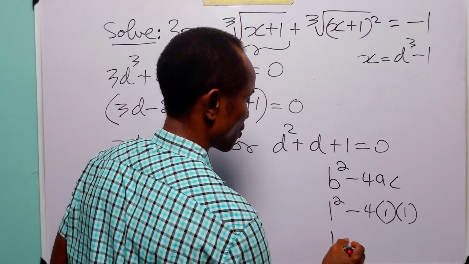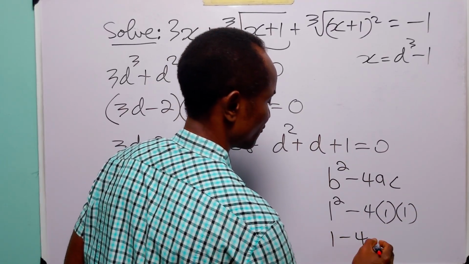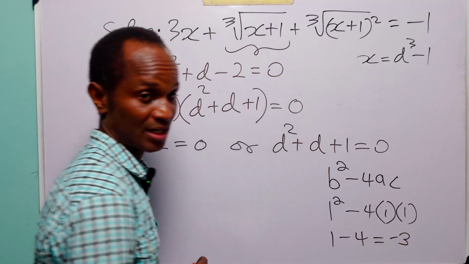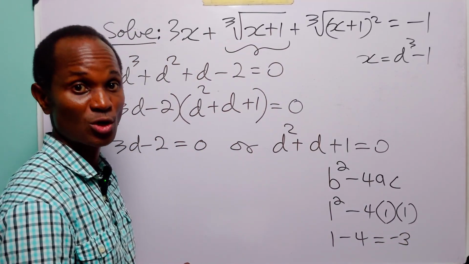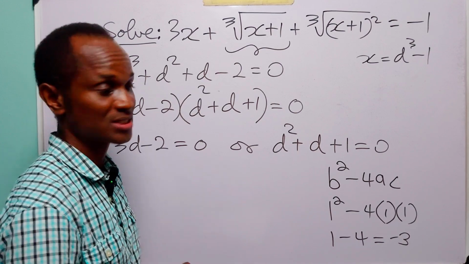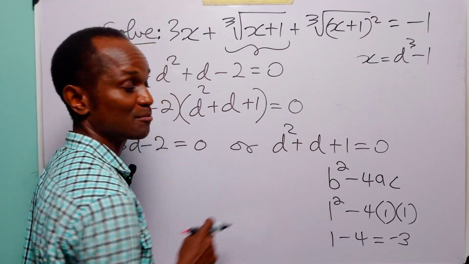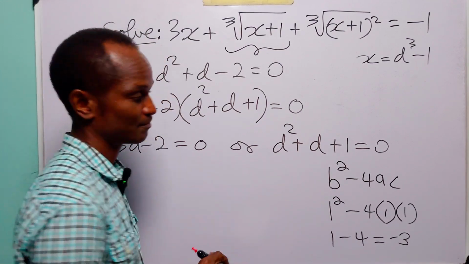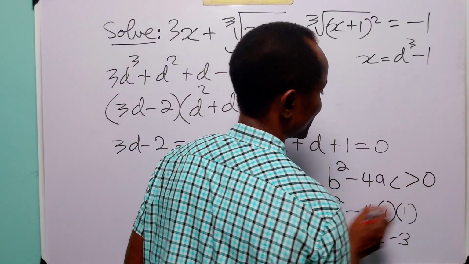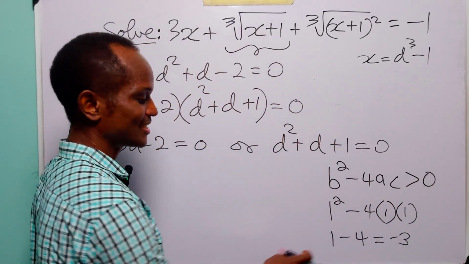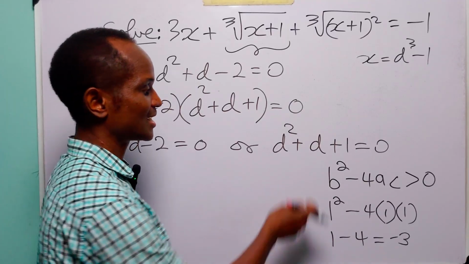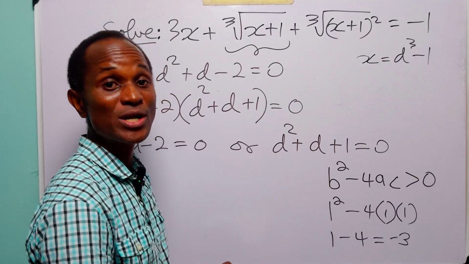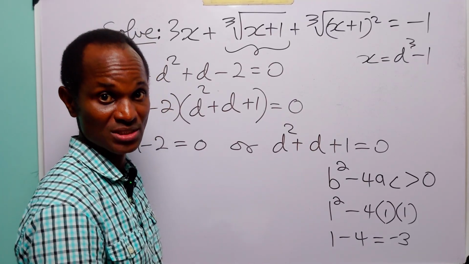So we have 1 minus 4, which is minus 3. For a quadratic equation to have real roots, the discriminant must be greater than 0. In this case, the discriminant is less than 0, so it simply means that this quadratic equation only has complex roots.